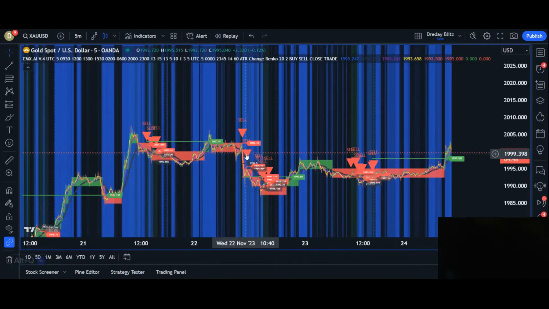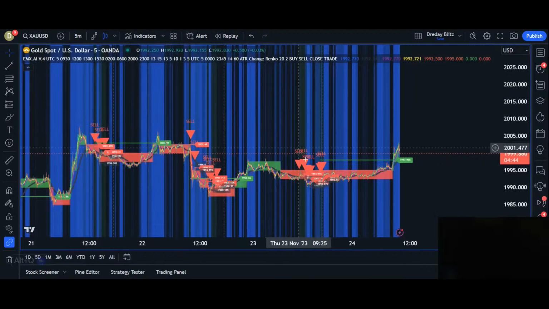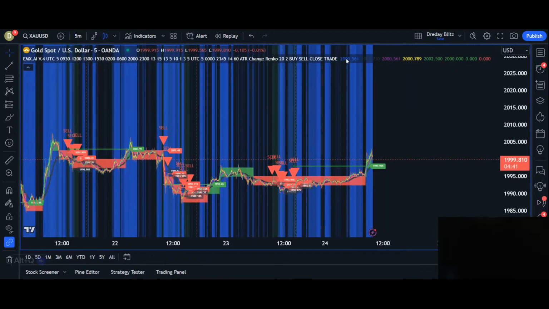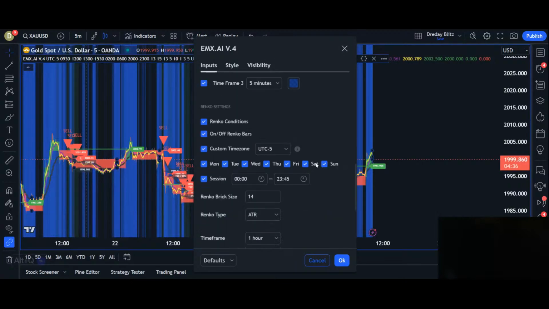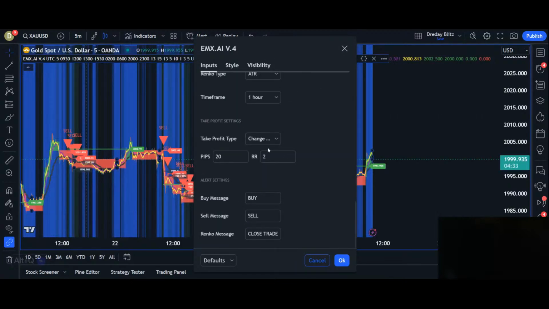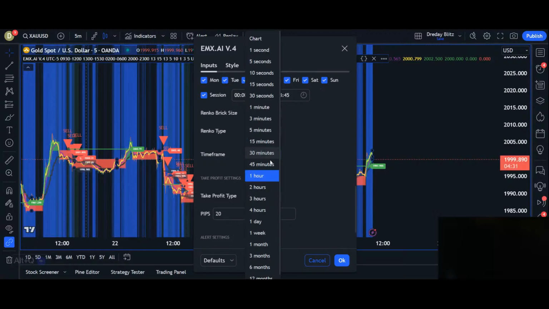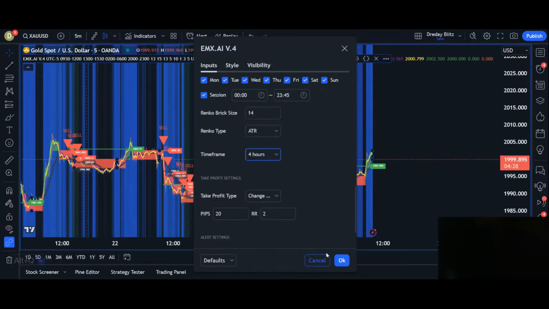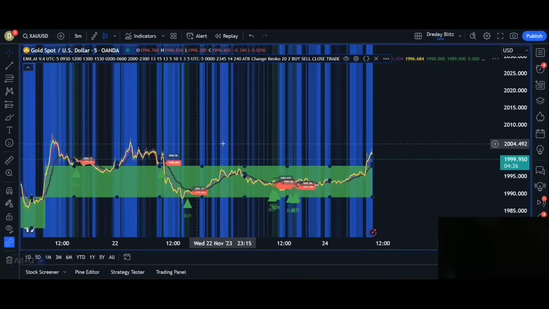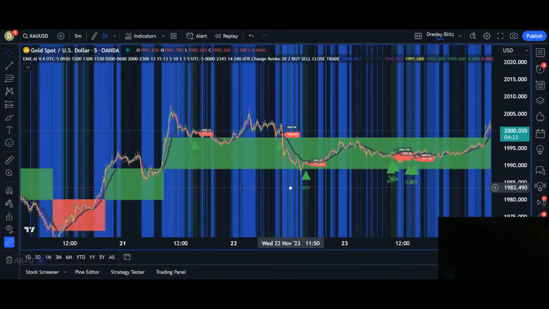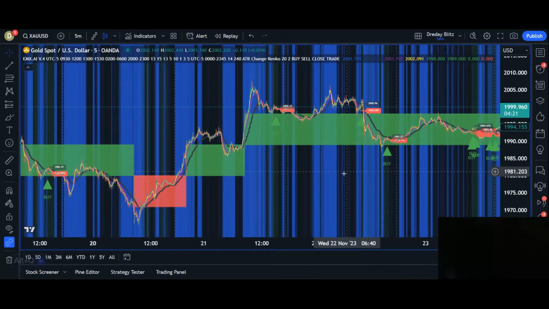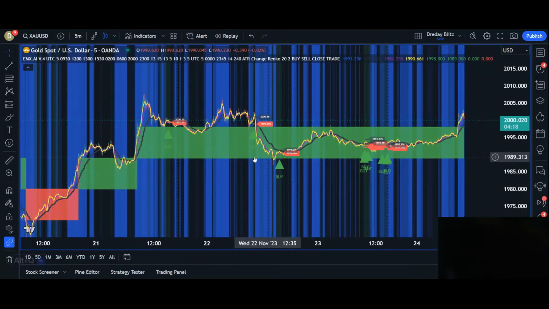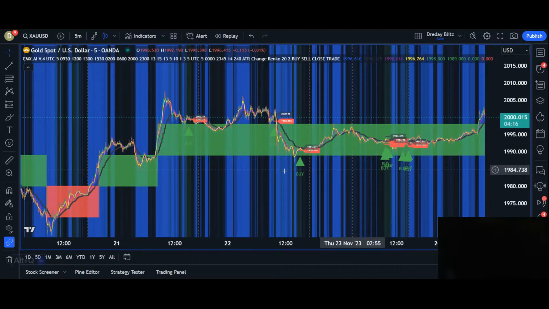So if you were off of the 1-hour Renko bar settings, there were a few trades there, but on gold, I love the 4-hour Renko bar, because gold is basically an actual trend type of market. That's why you're going to take a few sales. If you see, there was a sale right there, right?